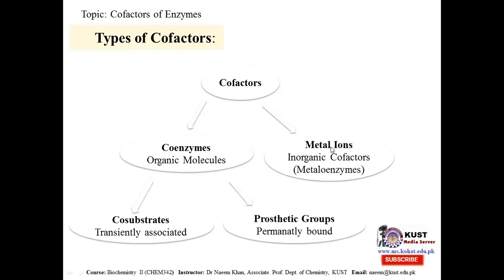So cofactors may be metal ions, inorganic cofactors, or they may be organic molecules known as coenzymes. Among the coenzymes, some may be co-substrates when they are transiently associated with the enzyme for catalytic activity, or they may be prosthetic groups if they are permanently bound to the enzyme.